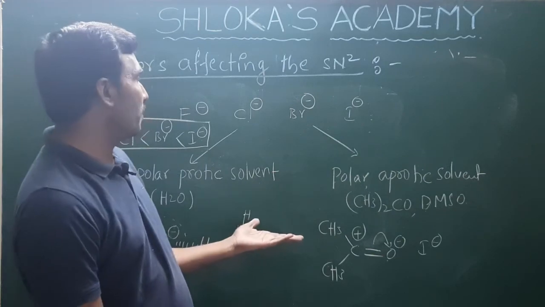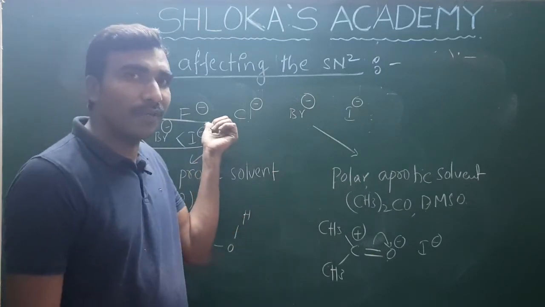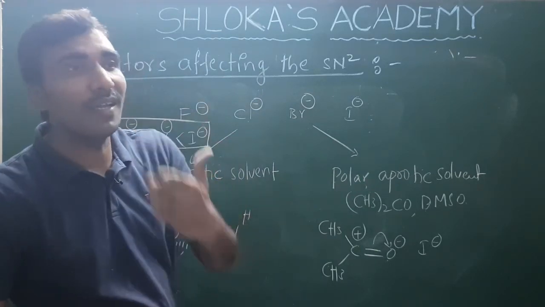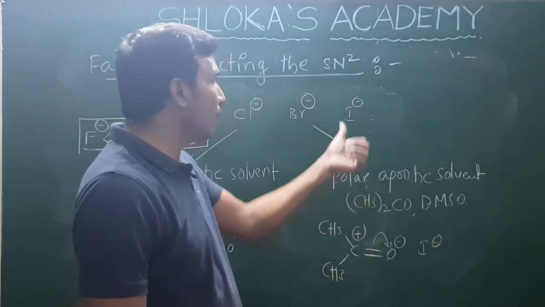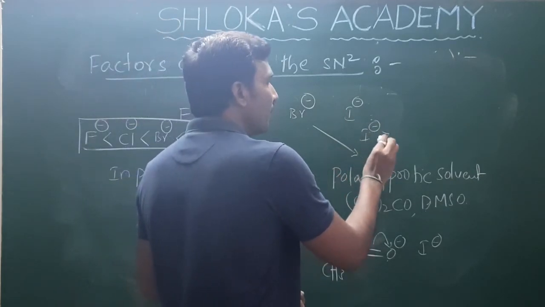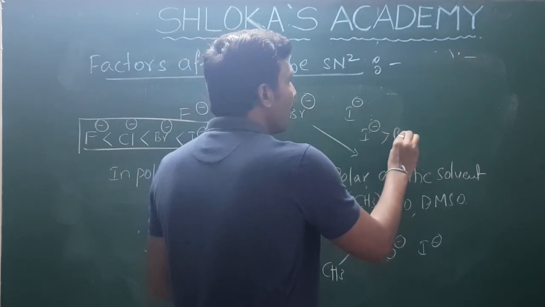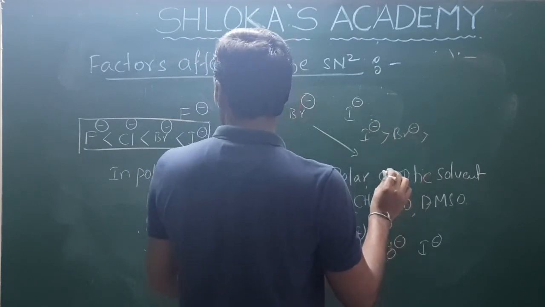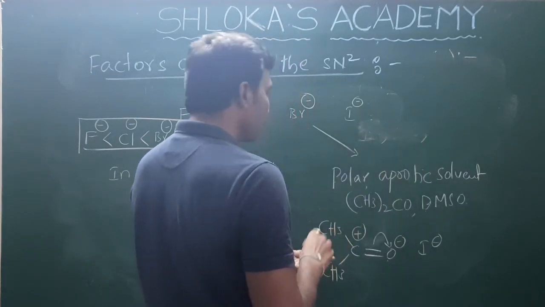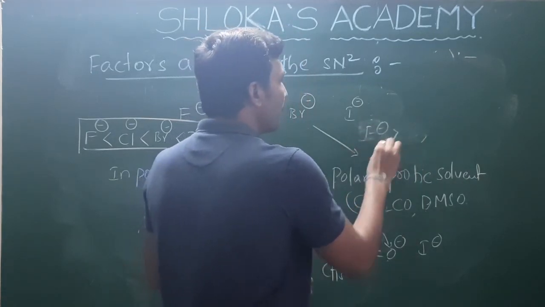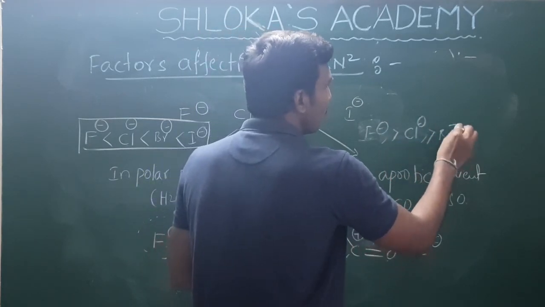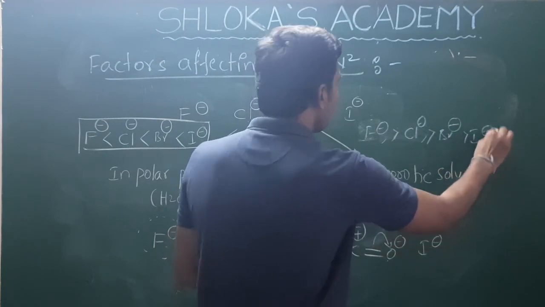So then who will donate? F minus is more electronegative, with a greater capability to attract electrons, so it is not at all willing to donate the electrons. Then who will donate? I minus. Then what should be the order? I minus greater than Br minus greater than Cl minus greater than F minus.